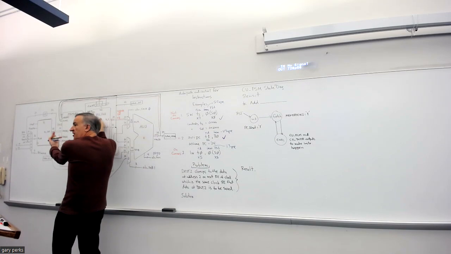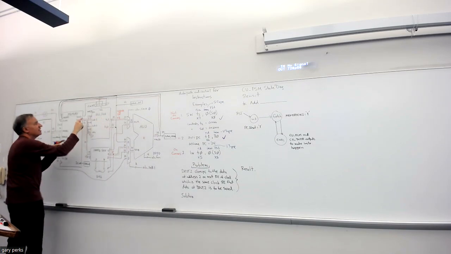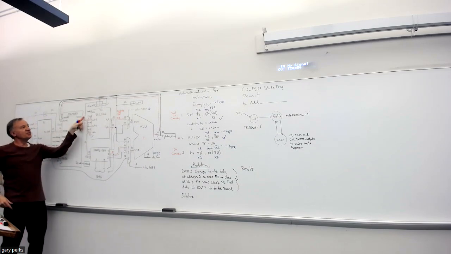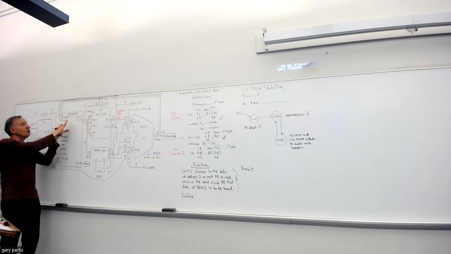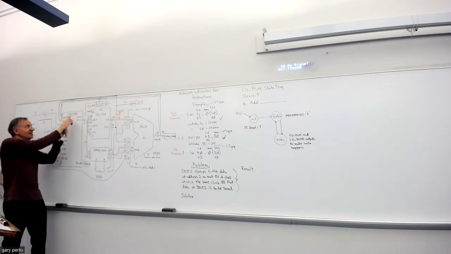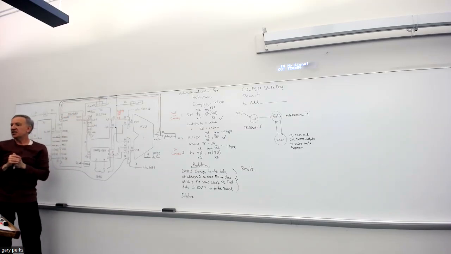Well, on our second clock edge, this old data is going to be put into register 5 before the data at address 2 is at DL2. So you see, that's the problem.